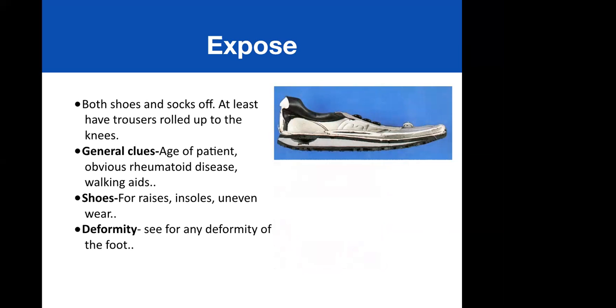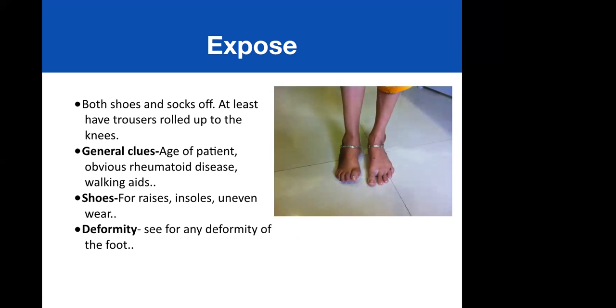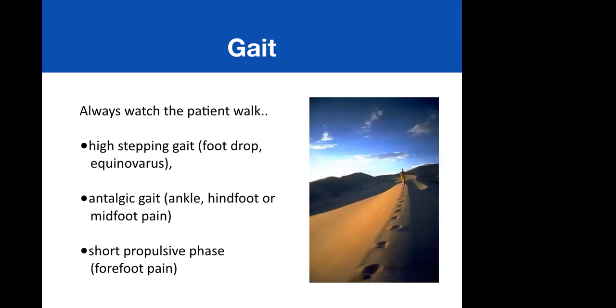And look for the deformity which is obvious in the foot, which kind of deformity, and we'll be describing that subsequently. So you can see the deformity and you need to describe it correctly. Ask the patient to walk and always see him from the front, from the sides, and from the back. Obvious gaits in the feet are the high stepping gait of equinovarus and foot drop.